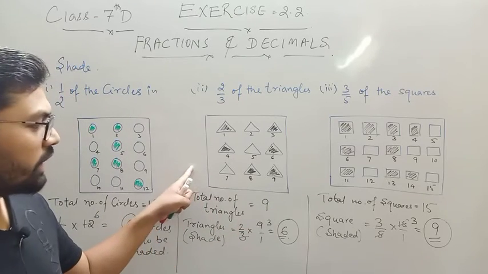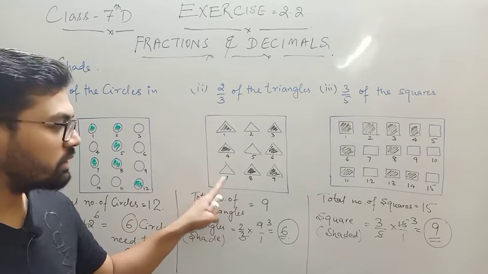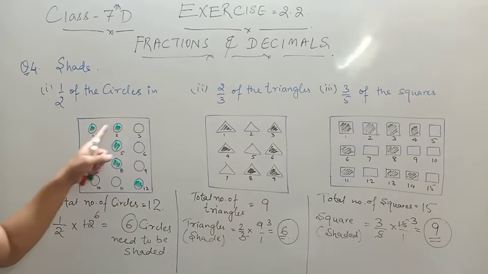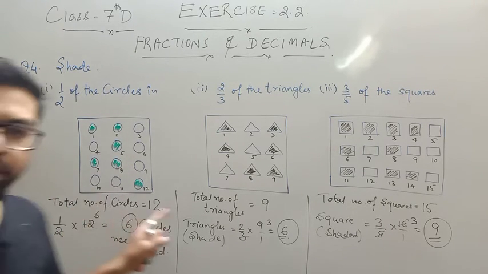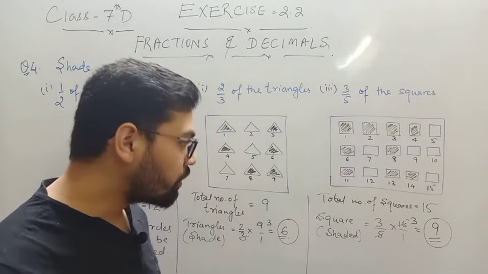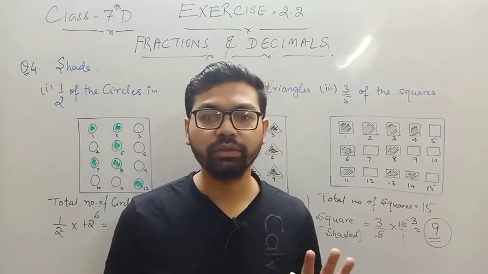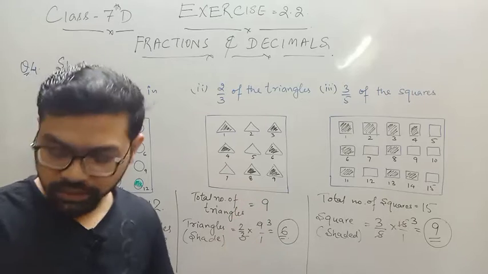Likewise, you can choose any 6 triangles out of 9. Similarly, you can choose 6 circles out of 12. I think this thing is clear to you all. If not, you are free to ask in Zoom session. So please note it down fast.